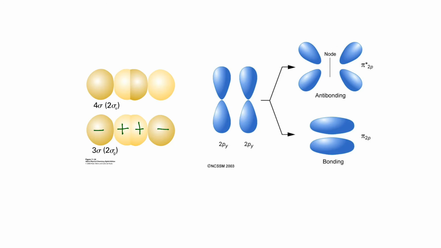So if you have two p orbitals coming together in that orientation, hopefully you can see that you would get that constructive interference and overlap there. So that would be a bonding orbital.